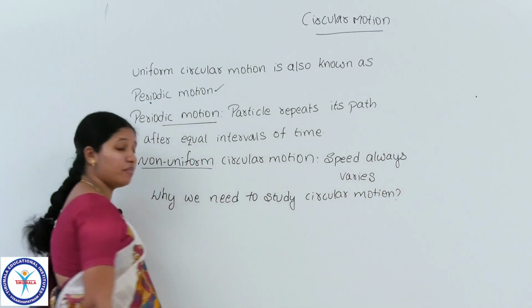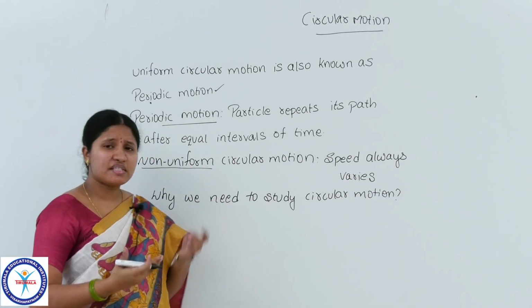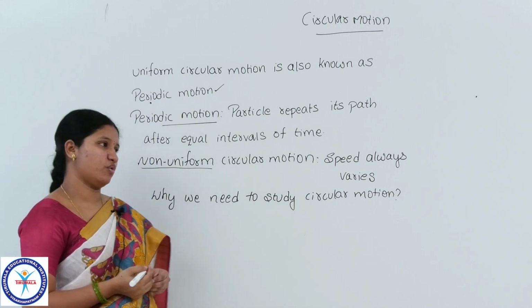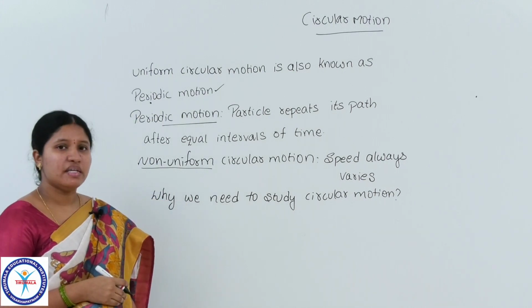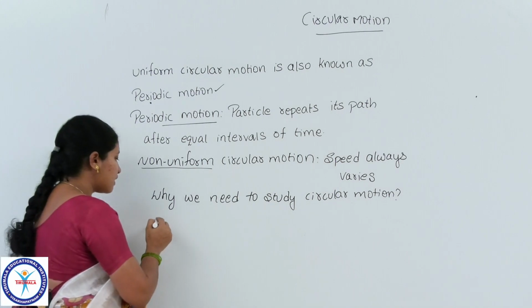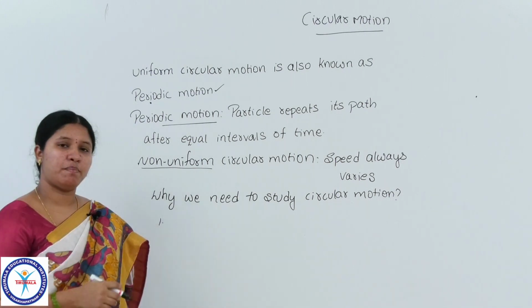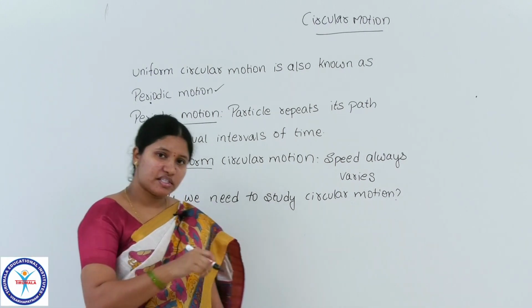So some of you may have a doubt: what is the necessity to study circular motion? We need to study circular motion first to know the behavior of a particle when it is moving in a circular path.